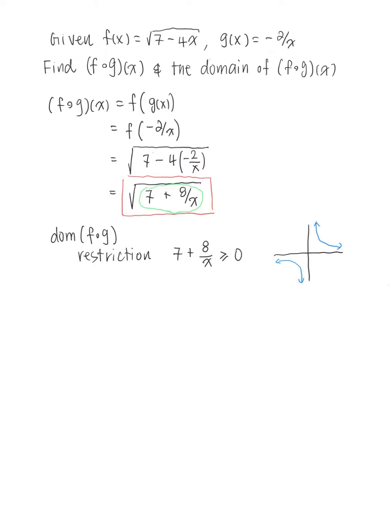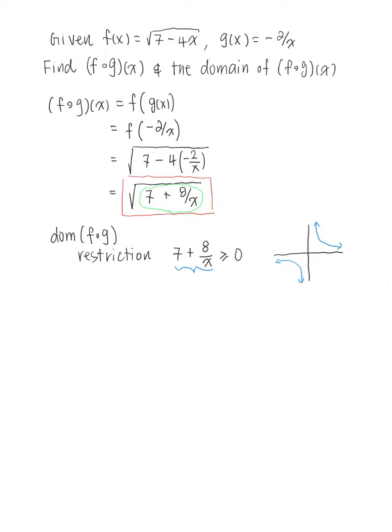Notice that the graph has a negative part and a positive part. So that's the reason why every time you see 7 plus 8 over x, or some numerical value over x and then plus something, you're going to have to combine this into one fraction by getting the common denominator. Now the common denominator is x.